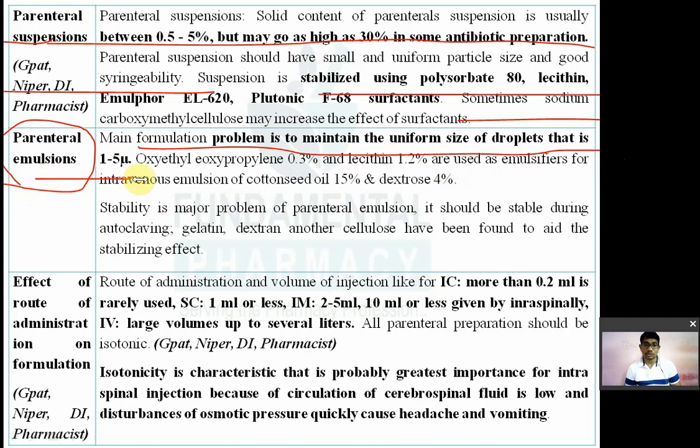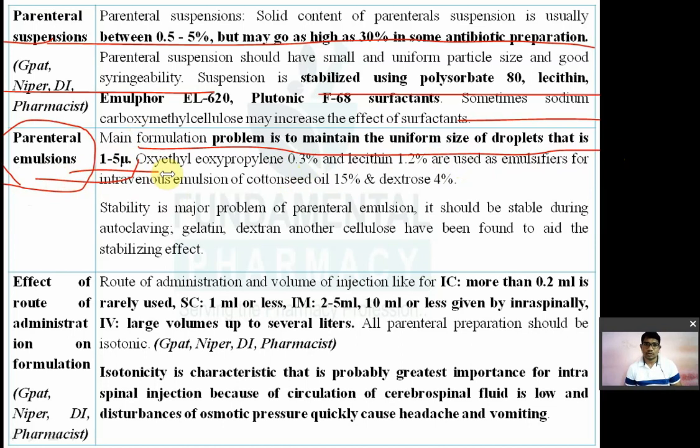तो question आ चुका है. Parenteral emulsion should have globule size or droplet size in a range of 1 to 5 micron. So main formulation problem for parenteral emulsion is to maintain the uniformity of globule size or droplet size. Now it should be in a range of 1 to 5 micron.